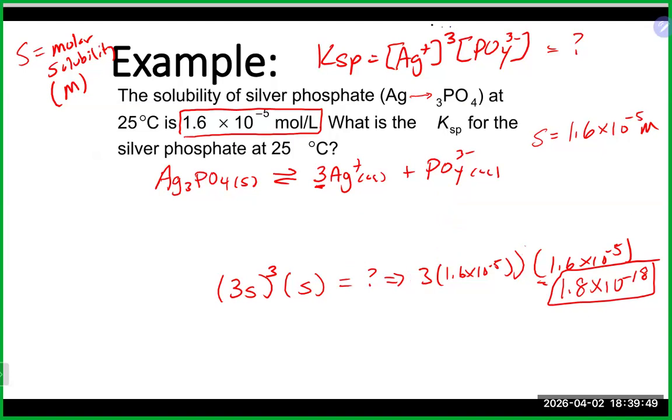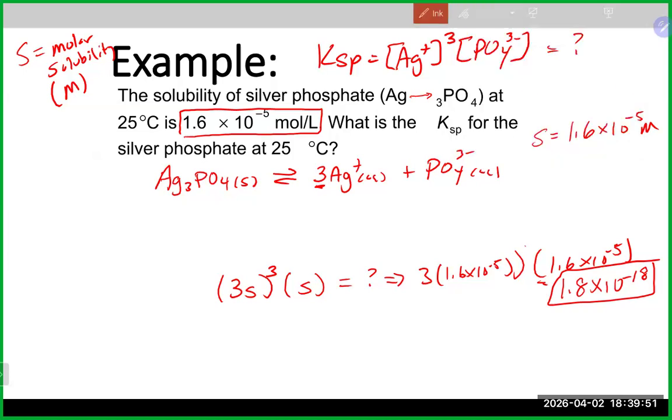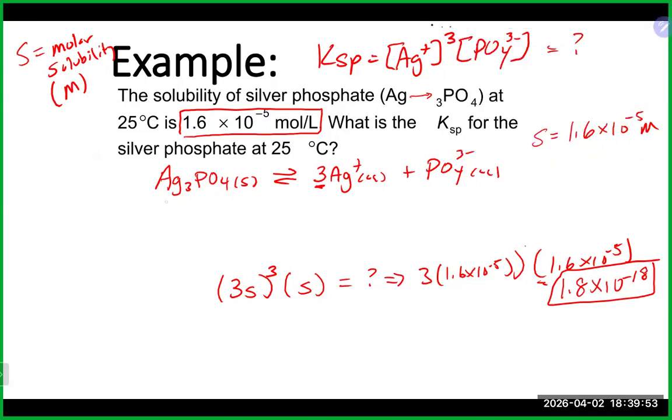If you remember from concentration and talking about solutions, maybe from 200A, if you know the concentration of this, which is 1.6 times 10 to the minus 5 molar, it is a 1 to 3 relationship between that and the silver.